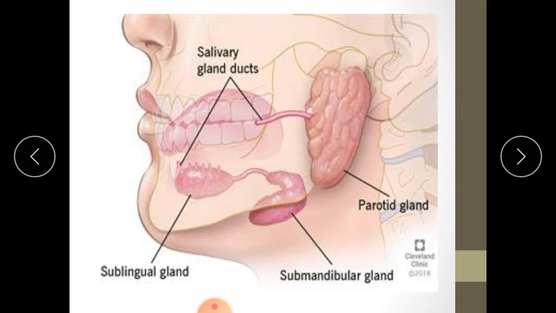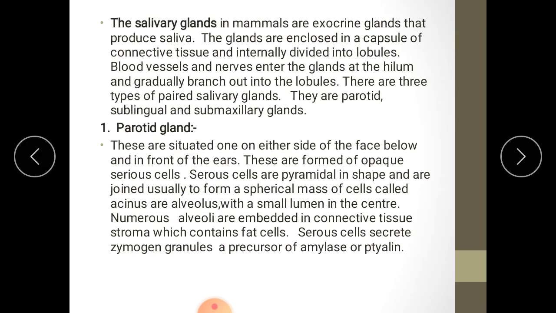Submandibular glands are present at the angle of the lower jaw. They also secrete their contents into the buccal cavity through their own ducts.